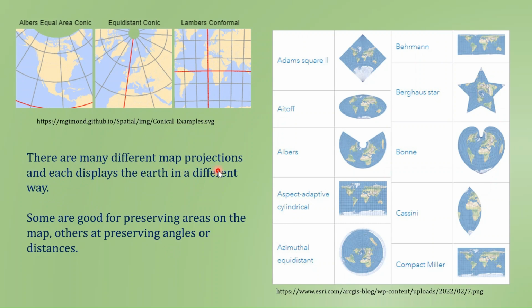There are many different map projections. Here we have some of the representations, and each map projection displays the earth in a different way. Some are good for preserving areas on the map, others for preserving angles, distance, or shape. So depending upon the objective of your study, you can select different projections within the geographic coordinate system.